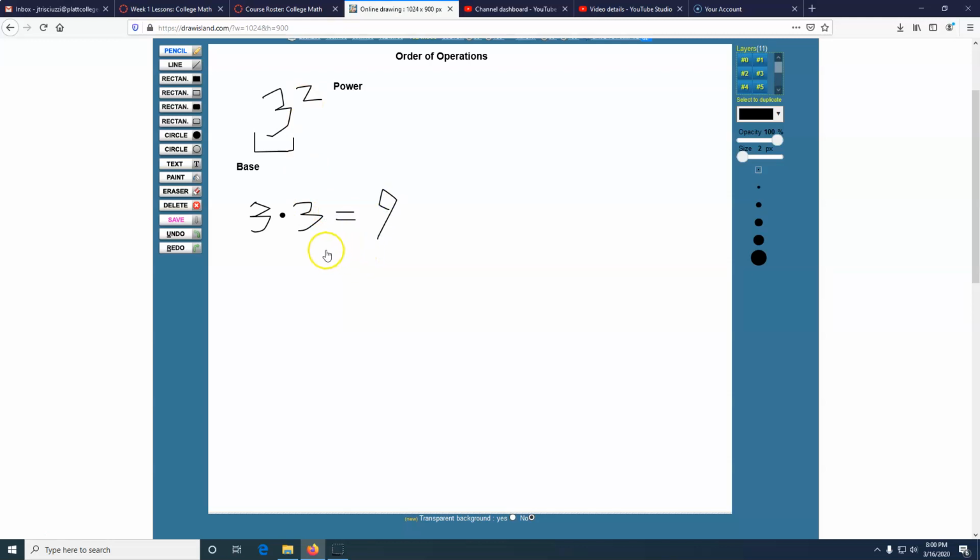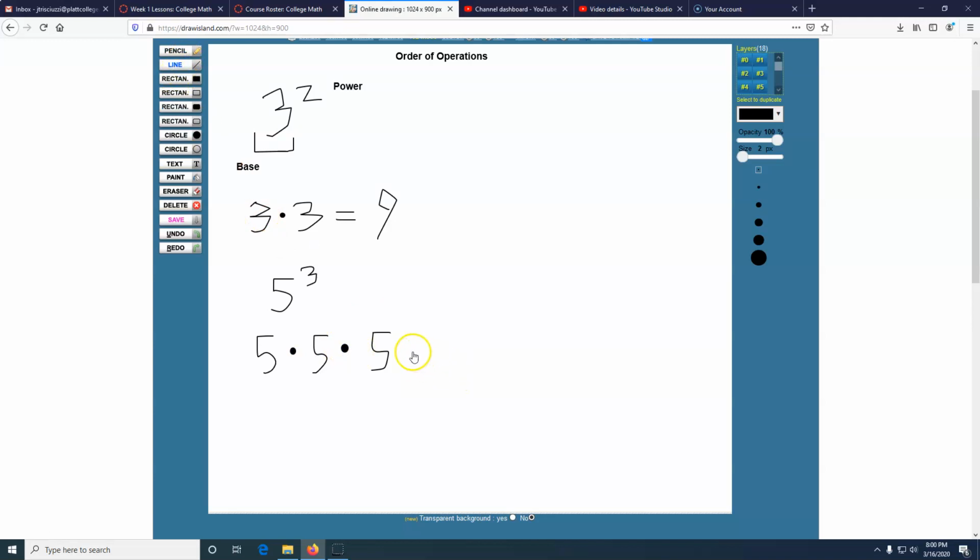And again, this applies to all sorts of problems. So if you have something like 5 raised to the third power, that's the same thing as taking 5 and multiplying it by itself 3 times. So as you can imagine, these numbers can get quite large, but we're not going to deal with exponents in a lot of detail yet.